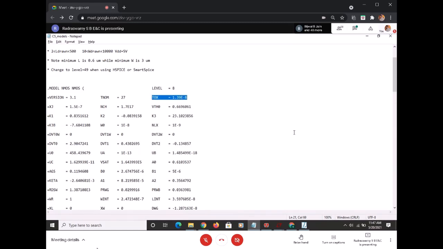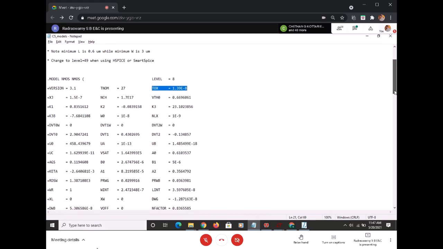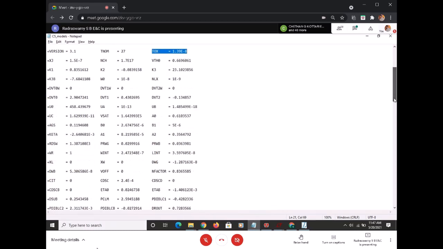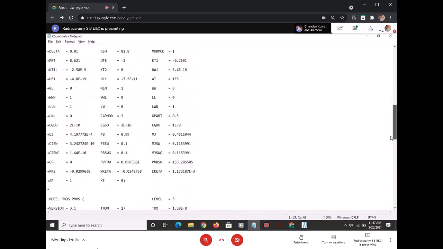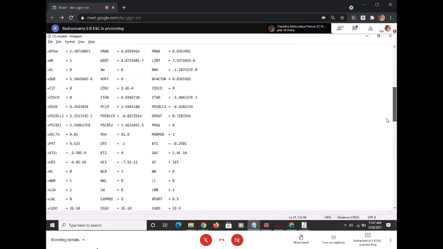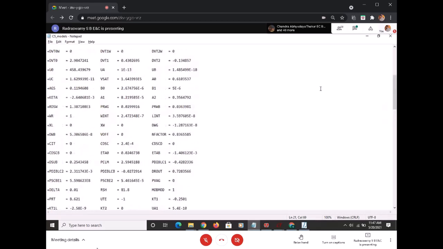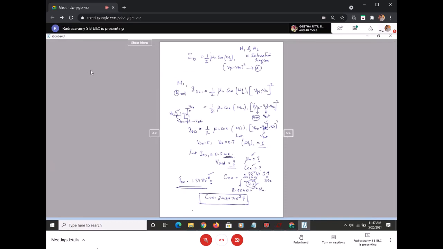And similarly, I want the mobility. Each technology will define all these parameters. So I have mu naught. This is the mobility, mobility mu n. I'll write it here.